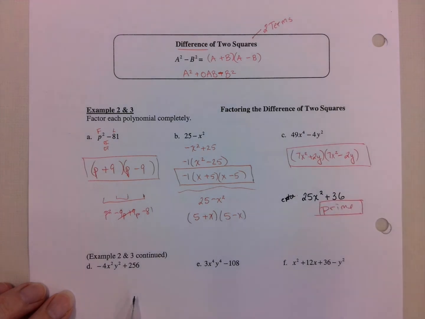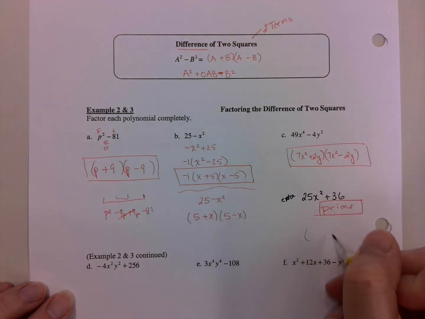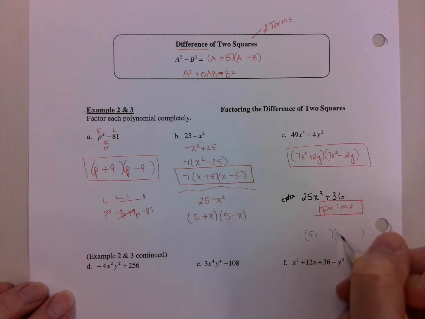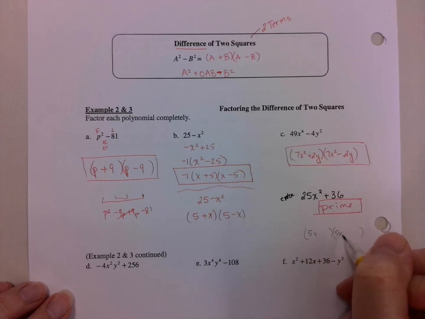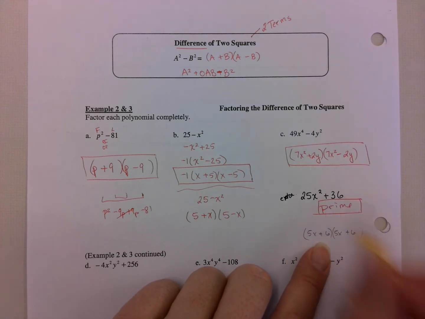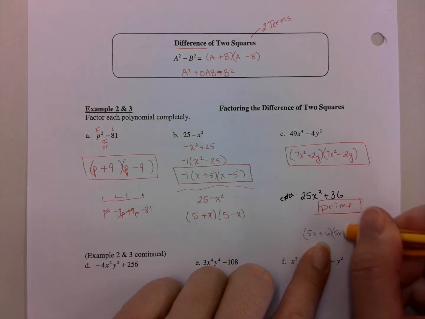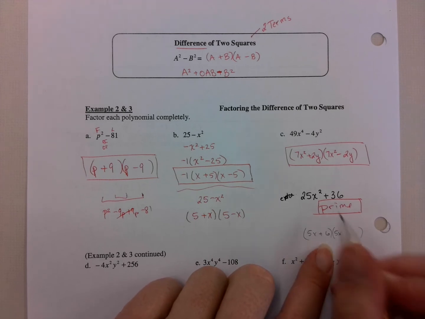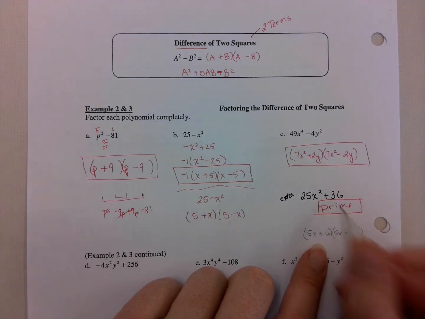Okay, so why is it prime? Well, if you jump in and you try it, 25 would be 5x and 5x. 36 would be maybe a positive and a positive. And so I get my first and my last, but the outside is 30x and 30x. I don't have a 60x. And then you think, well, okay, if I change this to negative, there you go, negative 30 and positive 30 cancels, but I now made it a negative 36.